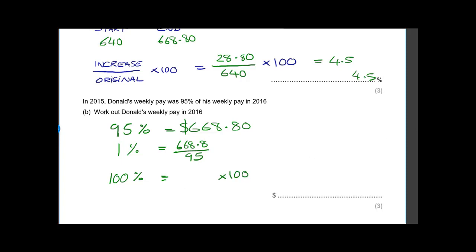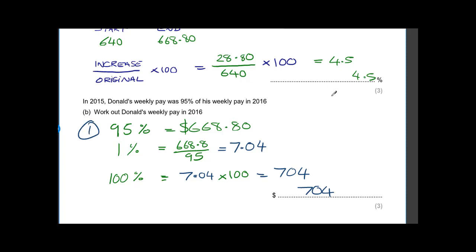So that's it, 7.04. 7.04 times 100, well it's 704, isn't it? So that's your answer. Easy. So I would call that method 1 maybe.